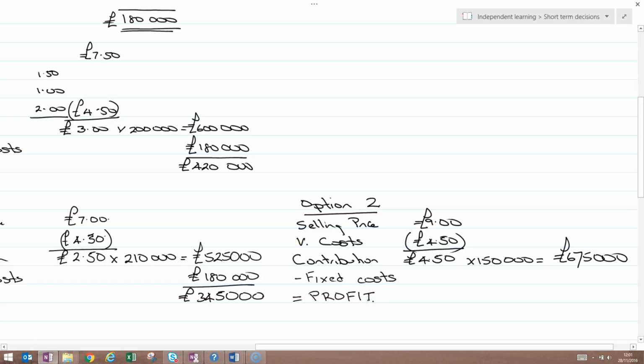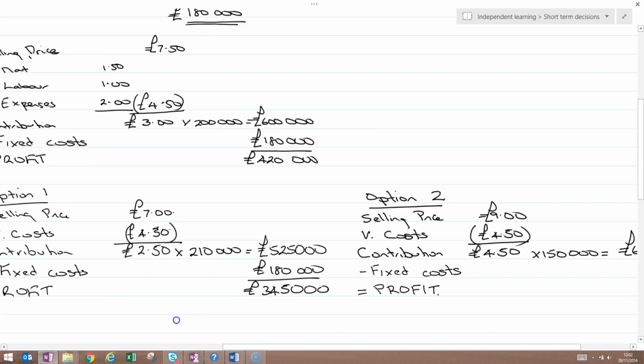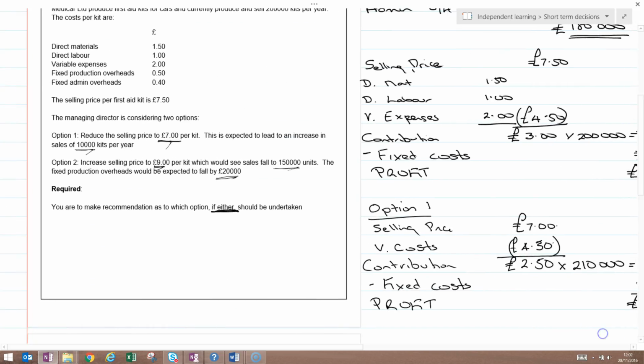Now our fixed costs have been £180,000, and they remain at £180,000 unless we are told any differently. And it is expected in option 2 that we would see a fall in our fixed costs. They would be expected to fall by £20,000. So our fixed costs, which were 180,000, will now be 160,000.